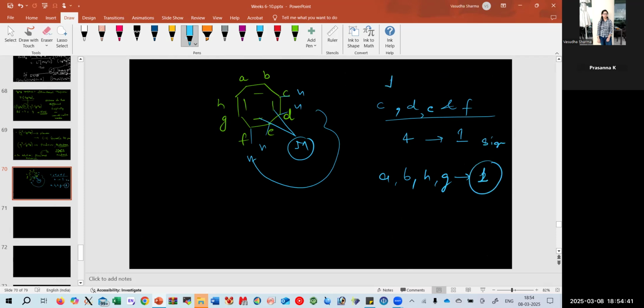NMR I'm talking about. But in that case, the fluxionality changes. It would exchange partners: rather than C, D, E, F, it would go and bind with A, B, H, G. Therefore, due to the fluxionality, where there is rapid exchange, fluxionality means breaking off these bonds and then coordinating with other bonds.